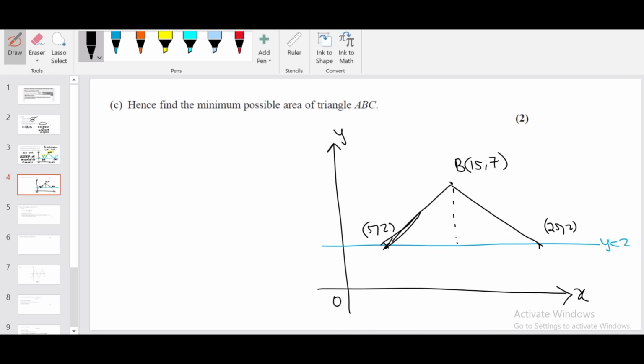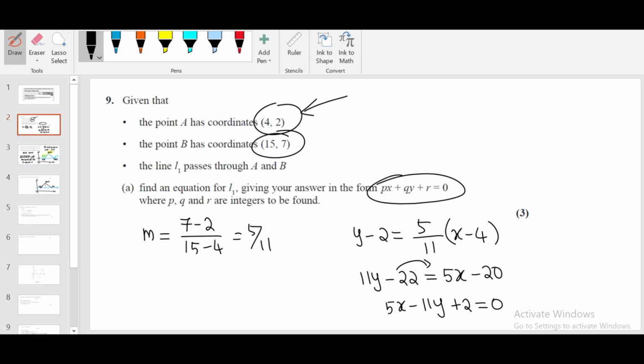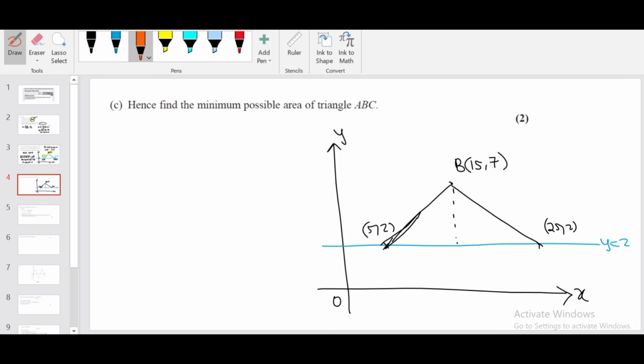Now point A is 4, 2, right? So the point A should be here. If you connect, the minimum area will be this, right? If you take the other point, this is not the minimum area, correct?